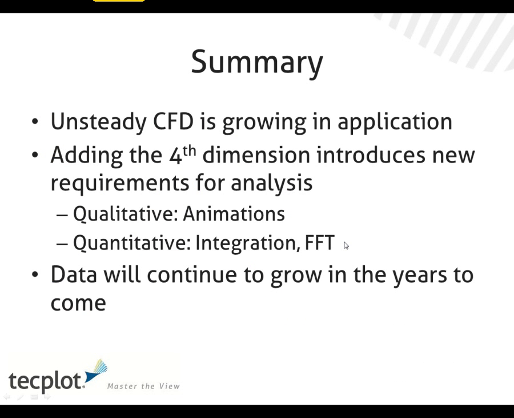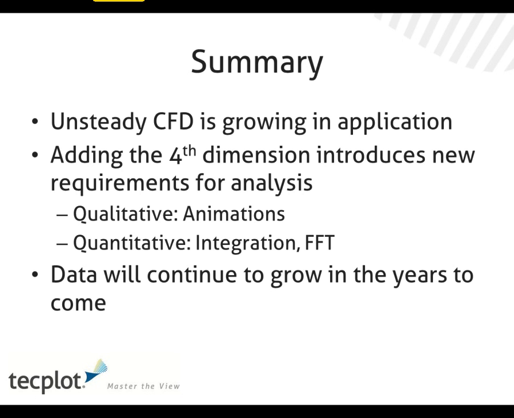We talked about the fact that CFD, as a discipline, is maturing and people are moving to unsteady analysis. As you get to the fourth dimension, you really do have to look at different ways of analyzing your data, not just the qualitative animations, but both the integrated quantities and discrete Fourier transforms, or FFTs, as well. And we see this as something that will continue to grow.